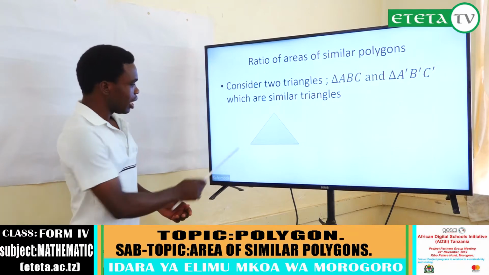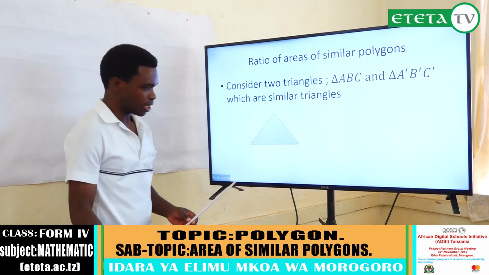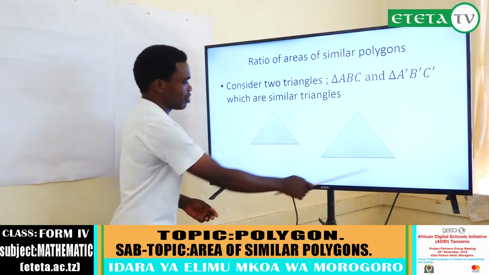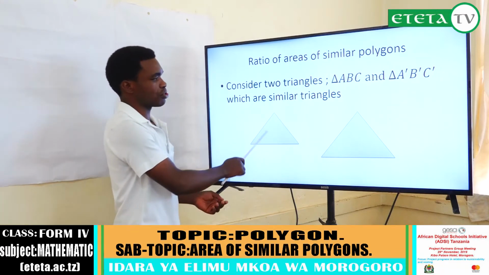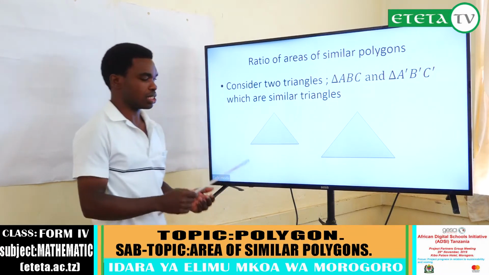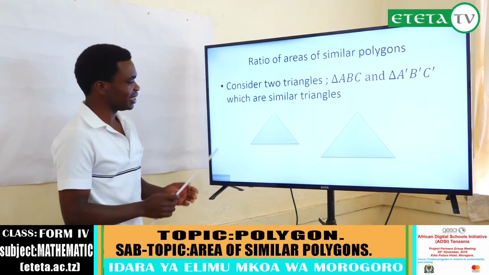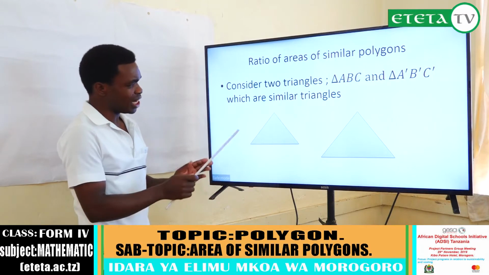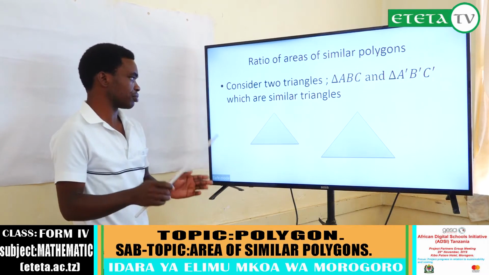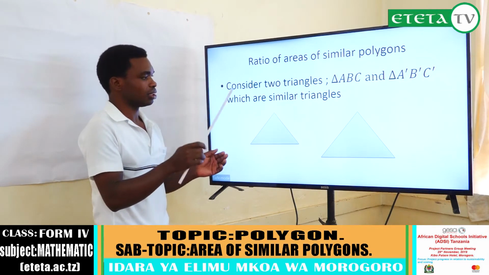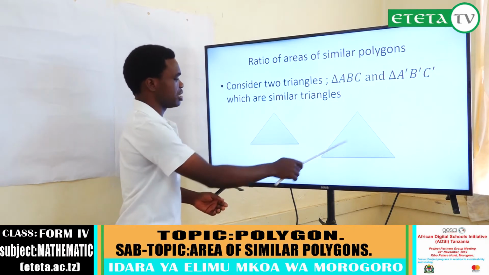This one is the first triangle, and again, we have the second triangle. By observing the way they are, they have the same shape. So these are similar triangles, just by looking. But we need rules that guide us to confirm whether they are similar or not.